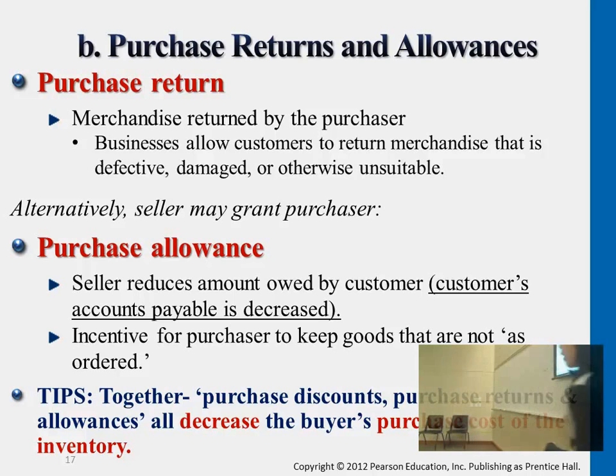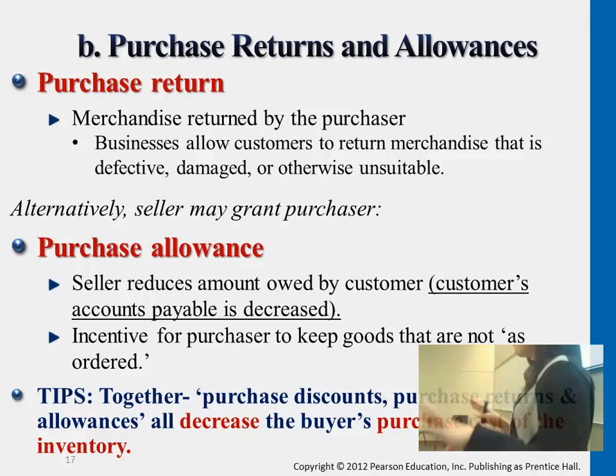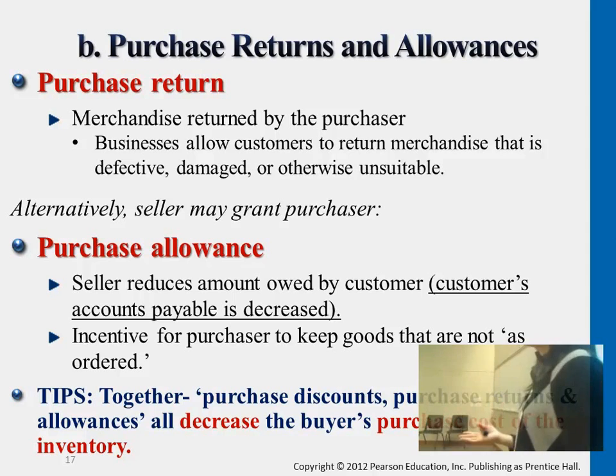If it's just an allowance, that's fine. If we actually return the goods, both cases share the same entry to capture the effect. We have to recognize that in reality there could be two different cases. It could be actually shipping back the goods, either because it just has a minor damage or simply because there was an error and you got the wrong product, not what you ordered.